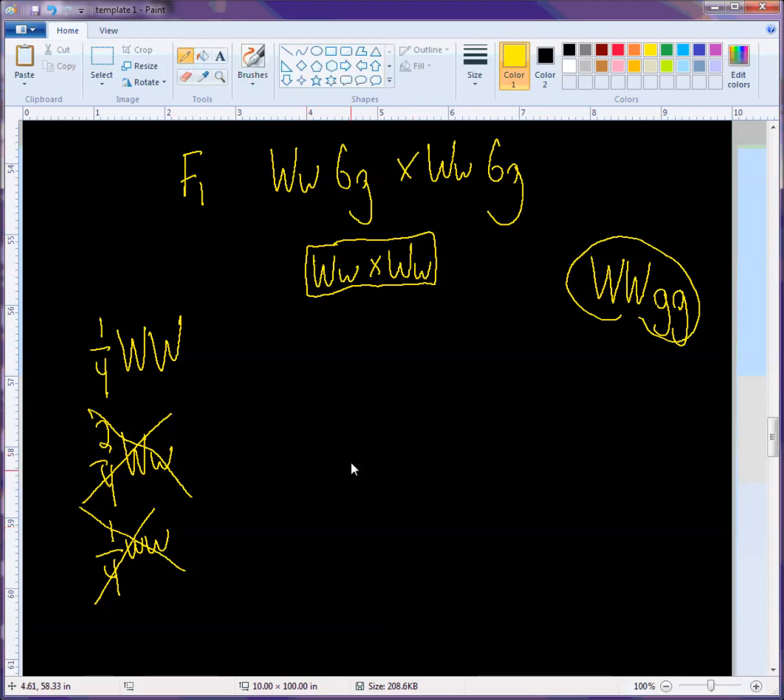So we don't have to do the whole forked line method for all the possible genotypes and phenotypes. We can just focus in on the 1/4 plants that are going to have 2 big W's. And for the G's, we already have the genotypic ratios memorized too.